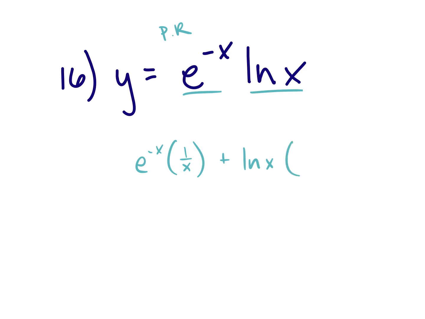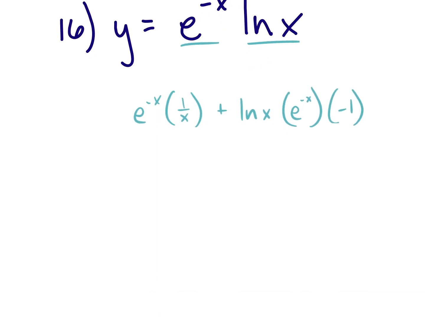So our derivative of e to the power of negative x would be e to the power of negative x times what? Negative 1. Awesome. Because we have to multiply it by the derivative of the exponent. So we could write this a little bit better. We've got e to the power of negative x, or if you wanted to put it in the denominator, you could do that too. I'll show you both ways. And then minus, I'll put e to the power of negative x times the ln of x.